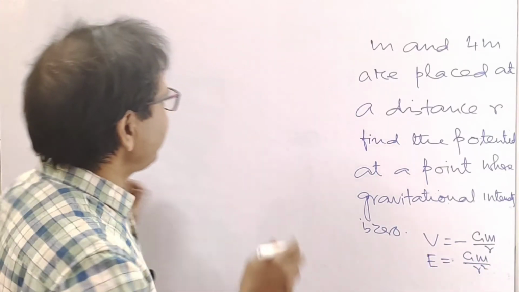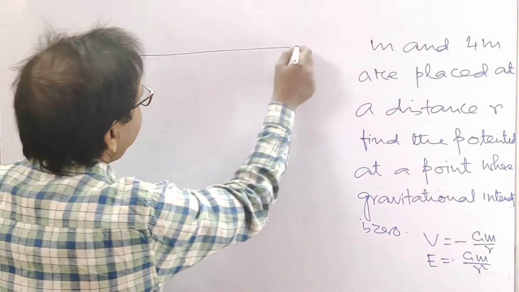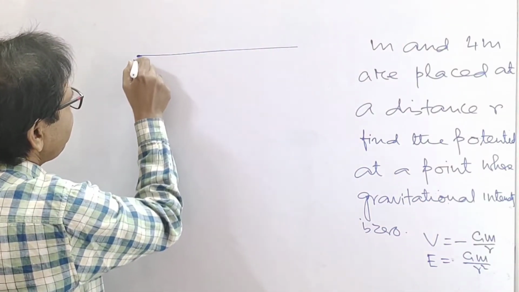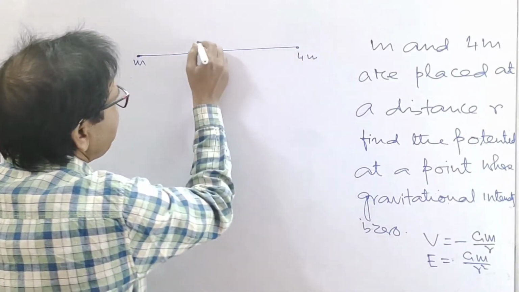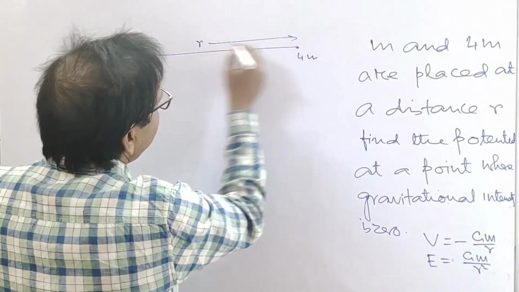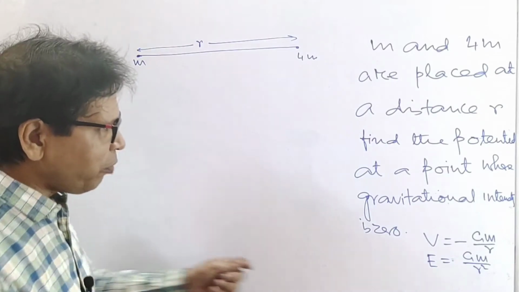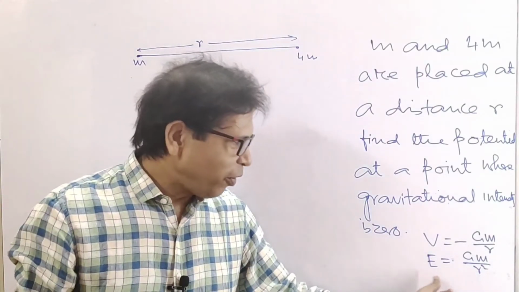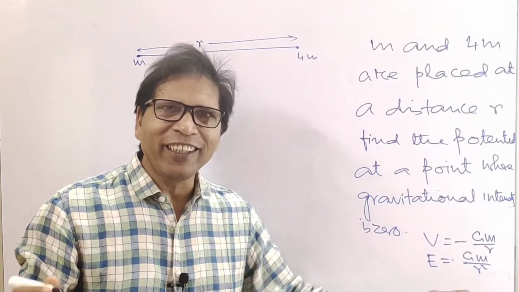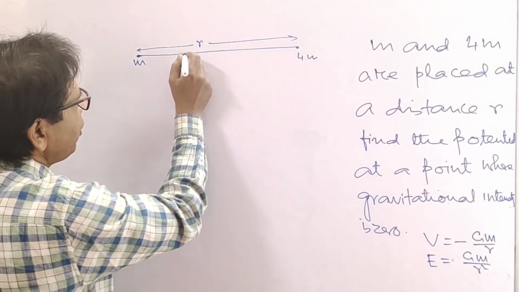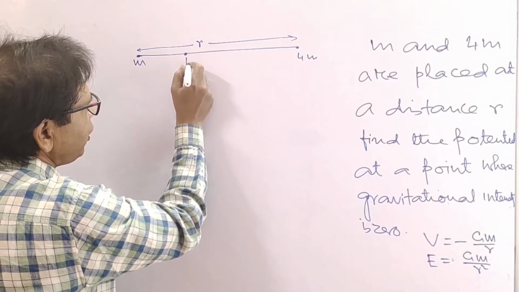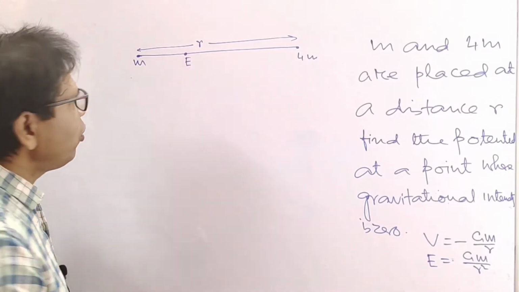Okay, now look at this figure. Here mass m and here mass 4m. They are at separation r, no problem. Now first of all, we have to find the point where gravitational intensity is 0. Suppose this is the point where gravitational intensity is equal to 0.